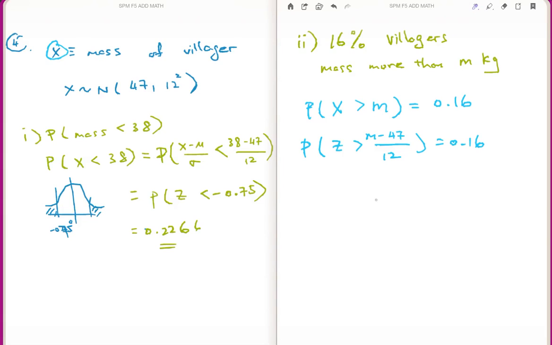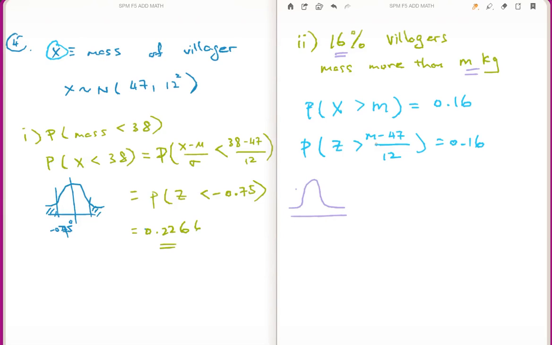If you were to have a bell curve, I don't really know whether m is more than 47 or less than 47. If m were less than 47, where 47 is the mu, then it would be on the left hand side.